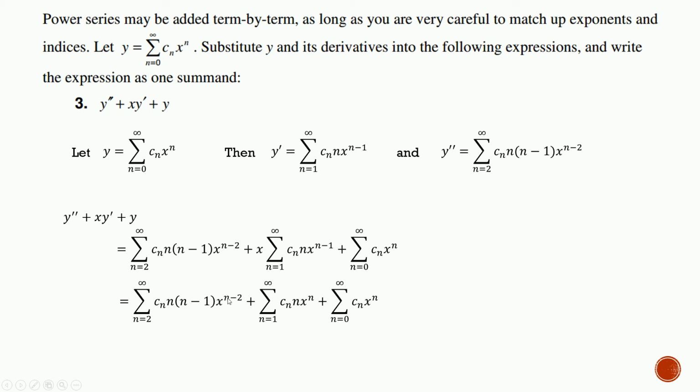Okay, next I want to look at the exponents, and I want all the exponents to be the same. In order to get the exponents to be the same, I'm going to use a change of variable, and for each individual sum, I'm going to let k, or whatever variable you might happen to choose, equal whatever that exponent is.